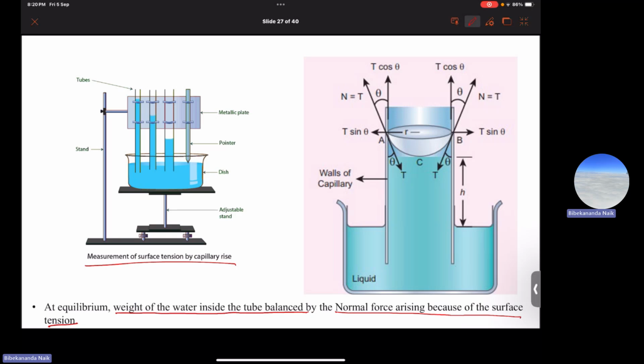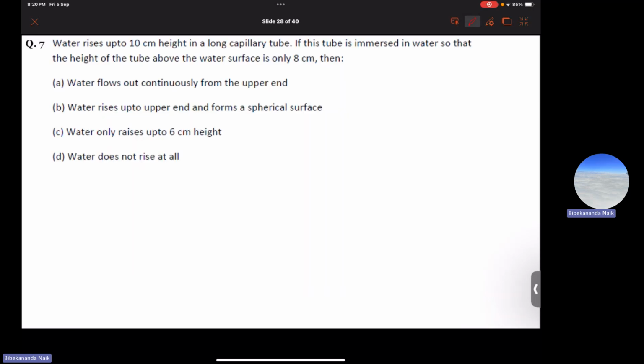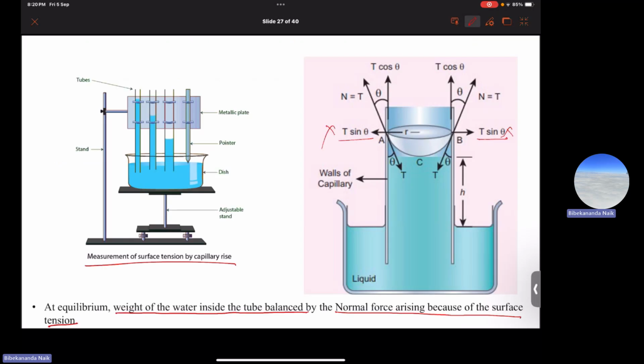Suppose this is T. When you resolve it into two components, it is T sin theta along this direction and T sin theta along this direction, so the two cancel each other. So at each point we have the contribution of T cos theta, and that's the normal force acting because of the surface tension. So this was the method used to calculate the force of surface tension of the liquid.